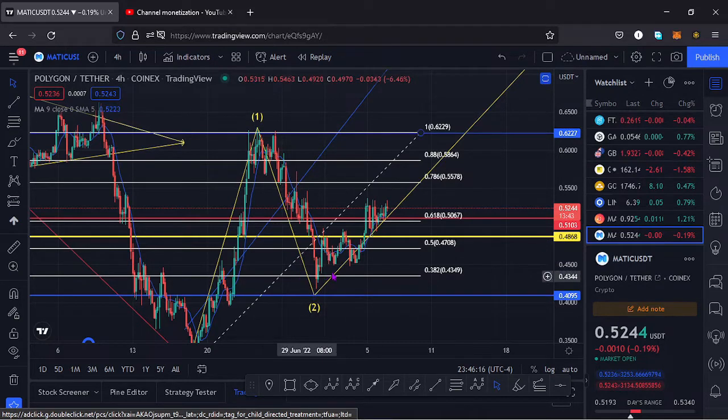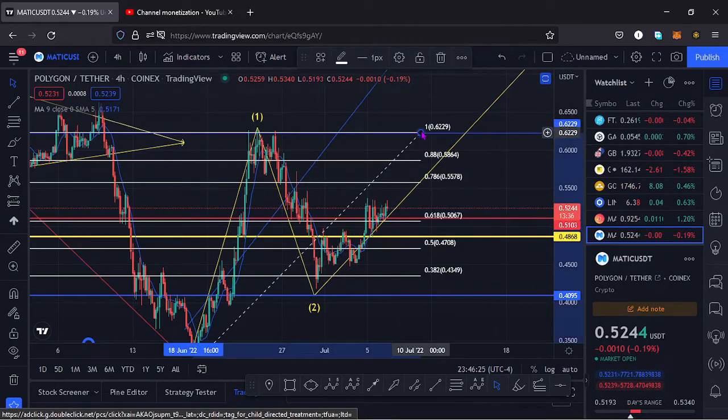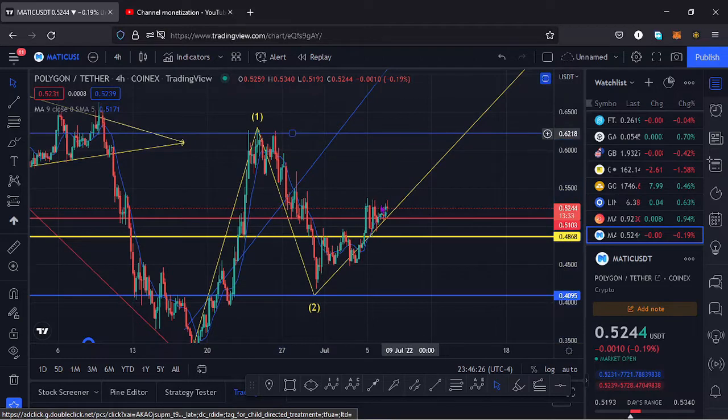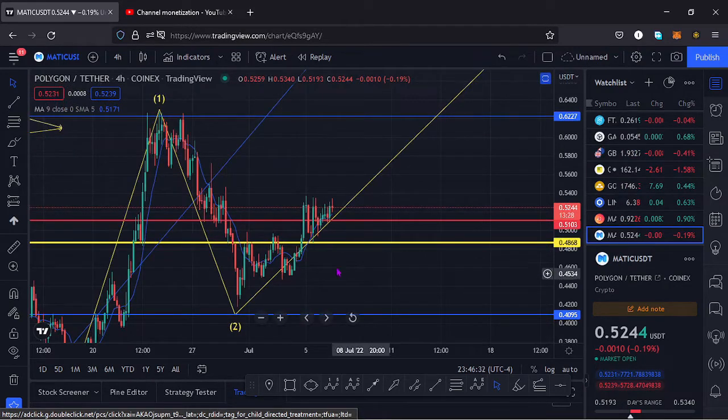And then from touching that fib level, we then had a massive reaction to the upper side in a wave 3, and we have broken even out of key areas of resistance. That is a key area of resistance at around the $0.48 mark, and also a key area of resistance at around the $0.51 mark.